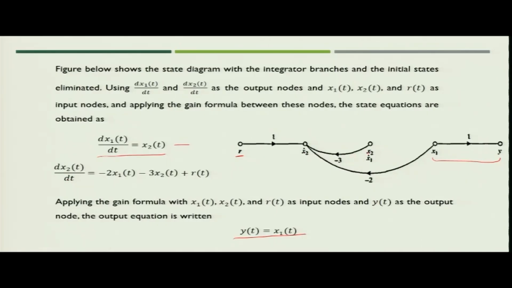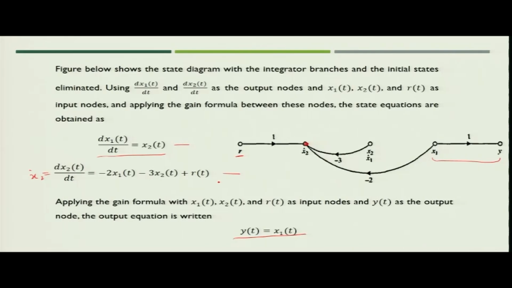How is it linked with other states? If you see the state diagram, you can say that x2 dot is equal to minus 2 x1 minus 3 x2 plus r(t). So, when you apply the summation at this point, you will get another equation.